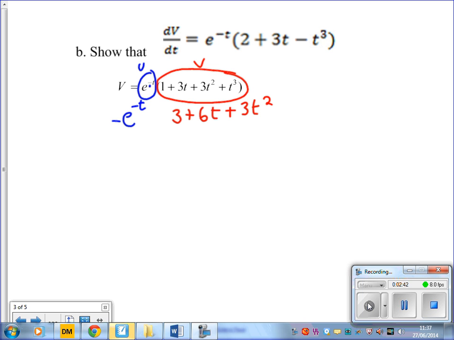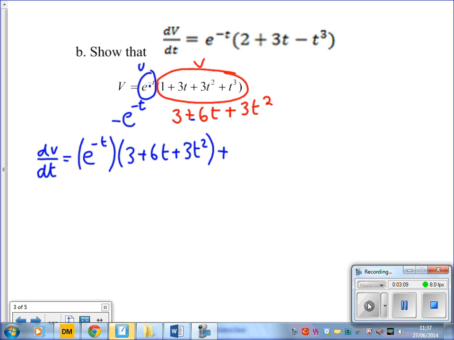So now using the product rule, u dv dx plus v du dx, I'll get dv dt equals u dv dx, remember, keep in brackets, that's from there, plus v du dx.